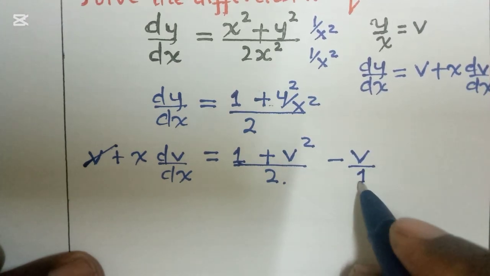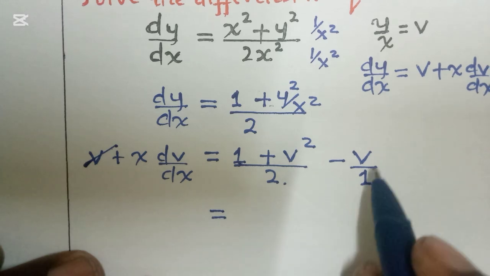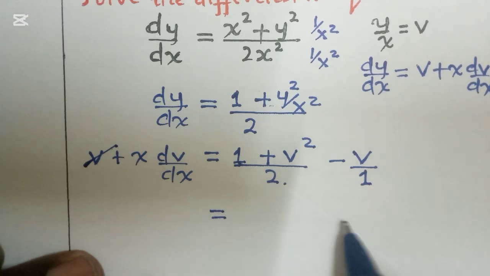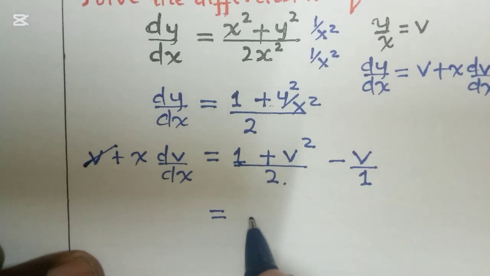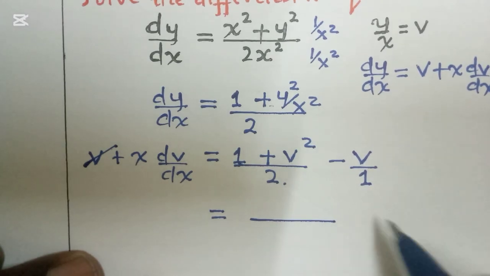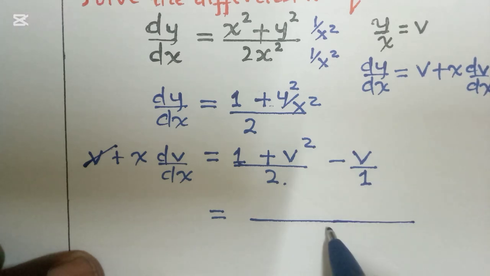So guys, we do this sum, whereby because this one is in the partial fraction form, we can combine them, so that our LCM is 2.